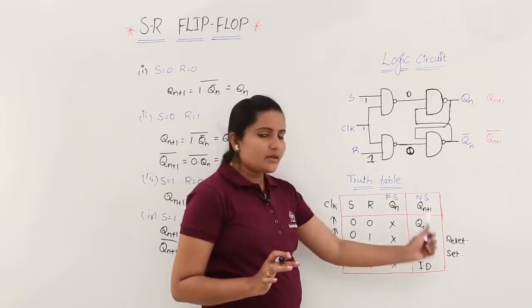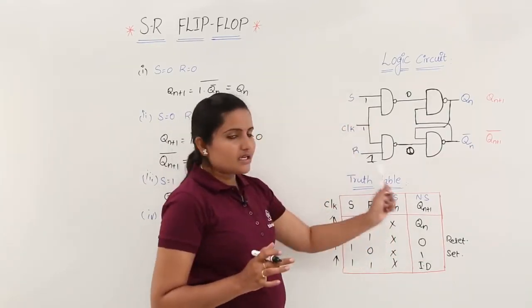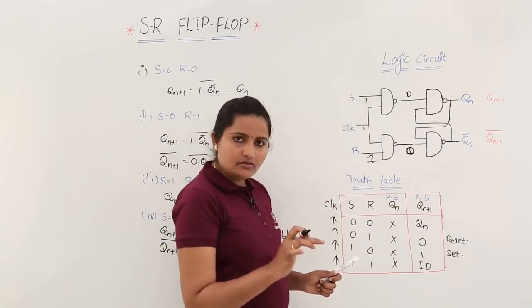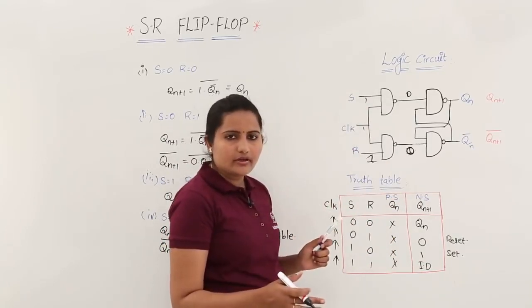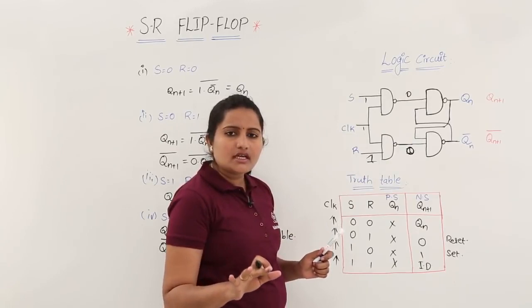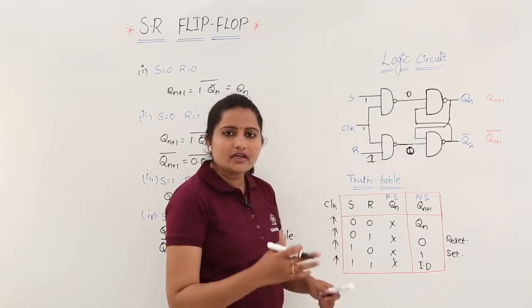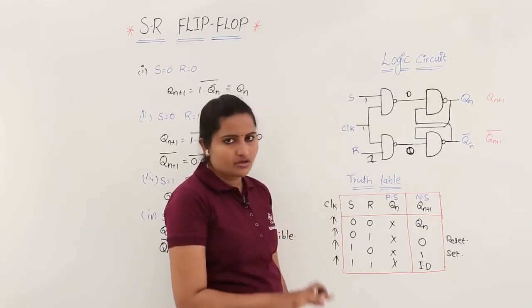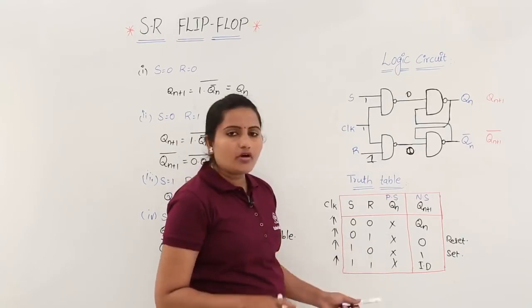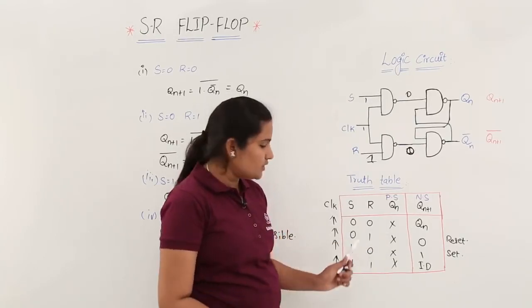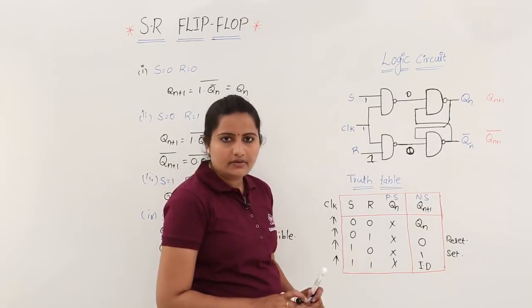So observe the truth table. Finally, for this circuit, if you give 0 0, then the output is not going to change. If you want your circuit to be in the same state for the next state also, you need to give 0 0, that is the meaning. If you want to reset your circuit, you need to give 0 1 for the SR flip-flop.